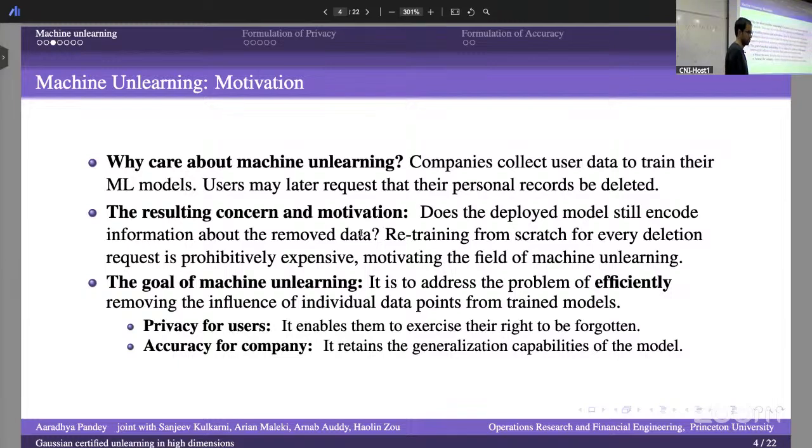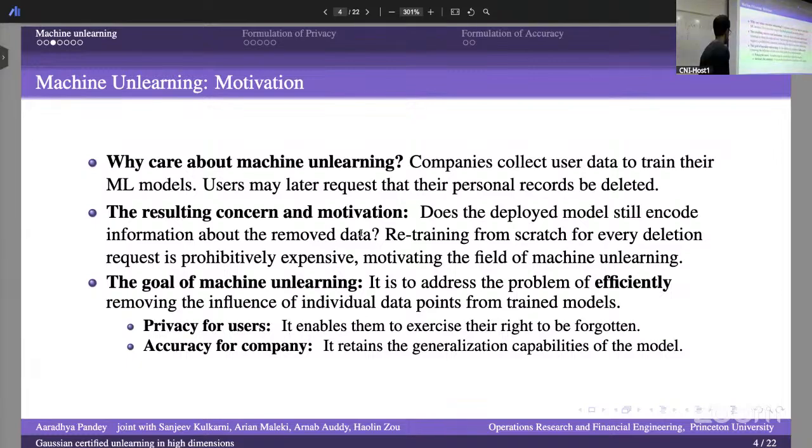So that's the idea. Okay, the first thing to do is to remove the data from the database, and the next thing is to change the neural network weights in such a way that the new weights will also forget the presence of the removed data. Okay, so that's the idea.